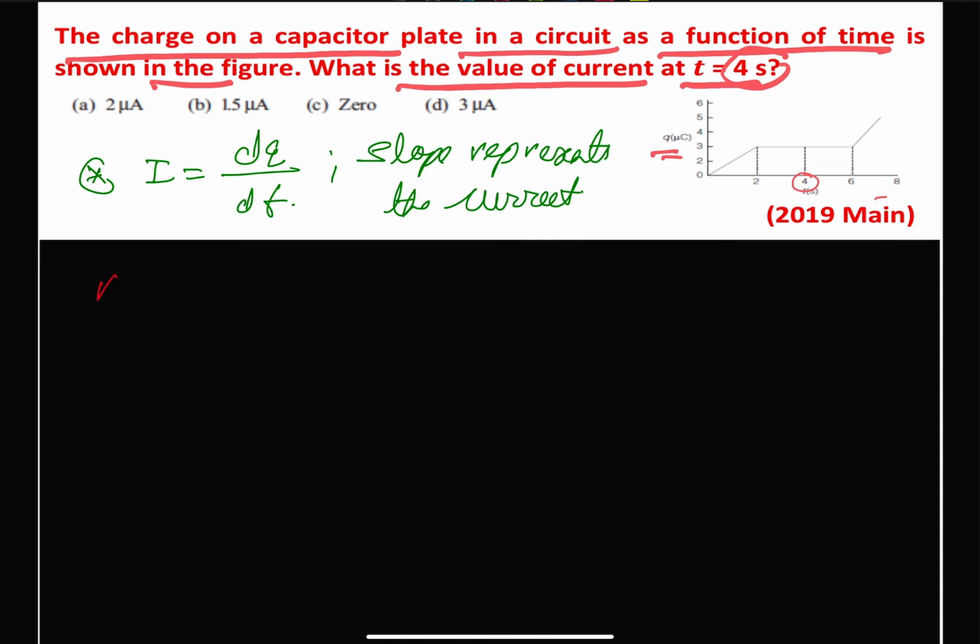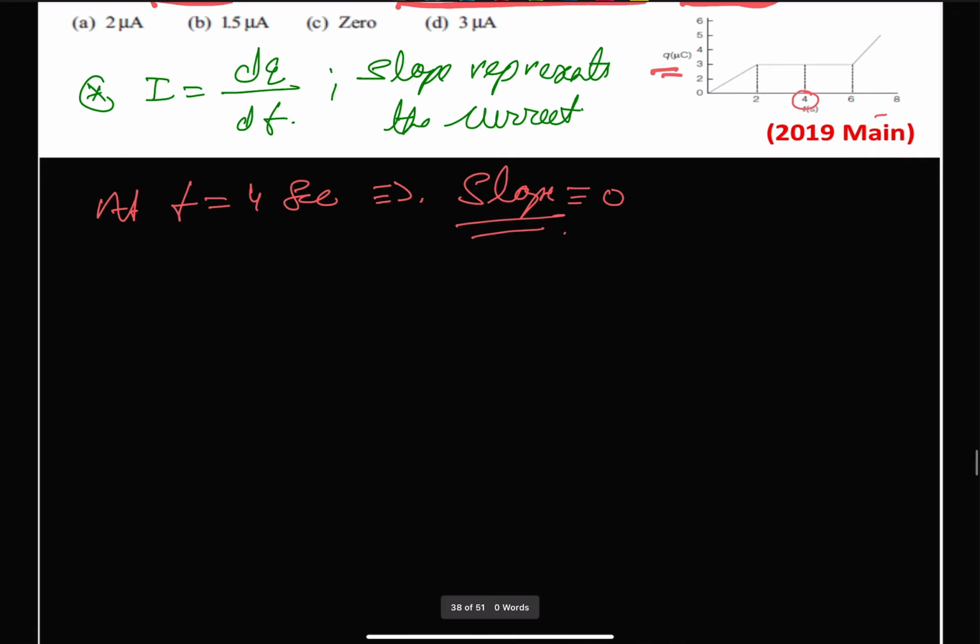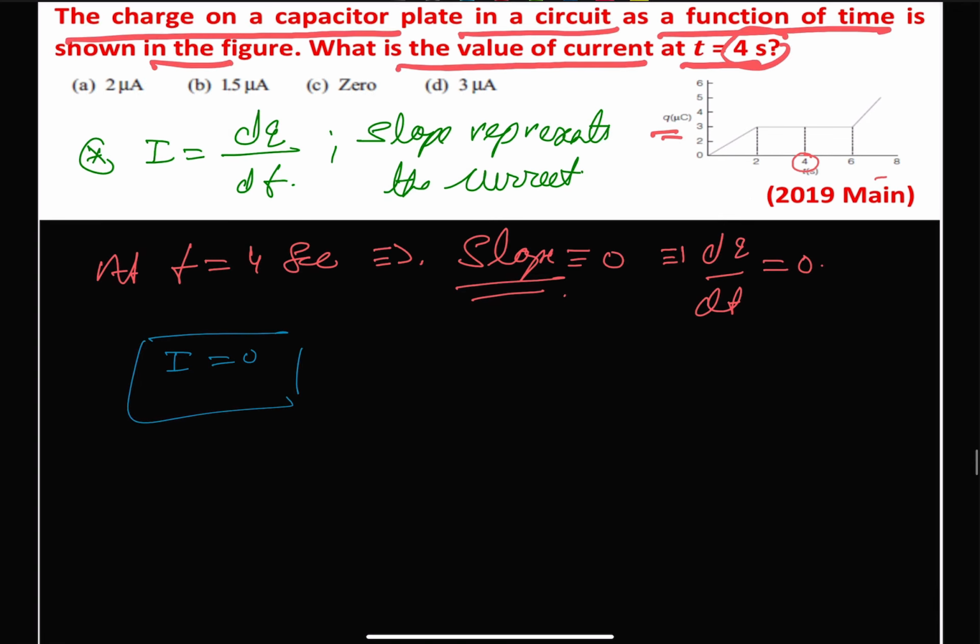We can clearly see that at t equal to 4 seconds, the slope is 0. Slope of the graph is 0. Therefore, the current or dq by dt will be equal to 0, or we can say our I is equal to 0. So option number C is the correct one.